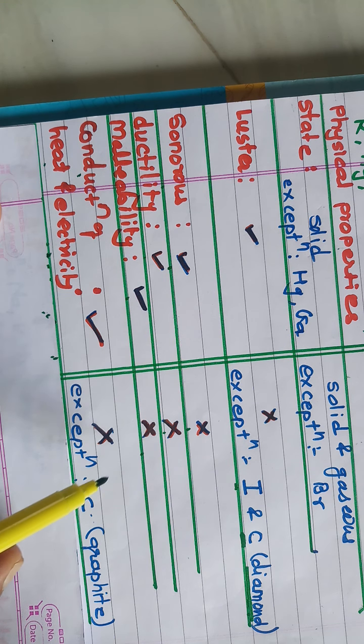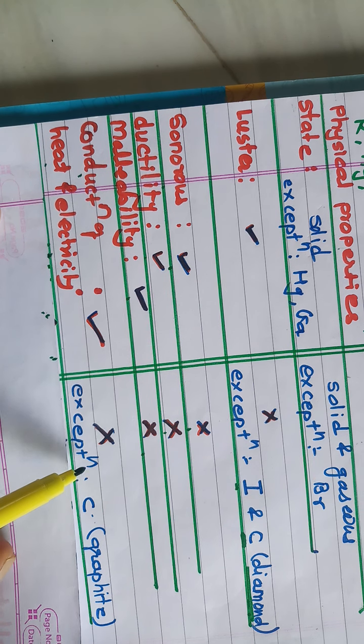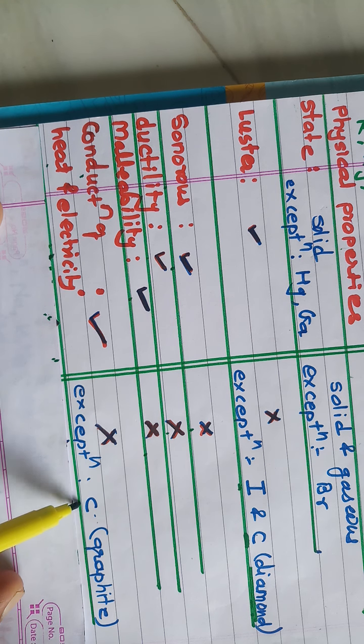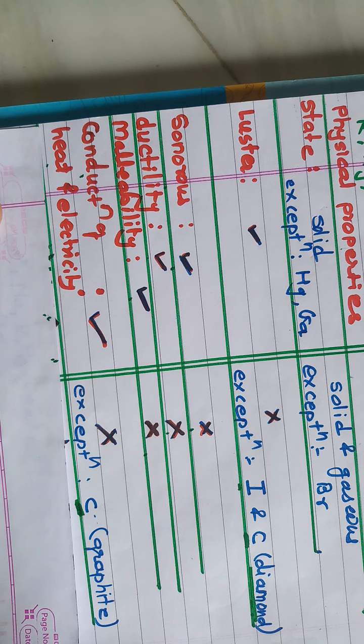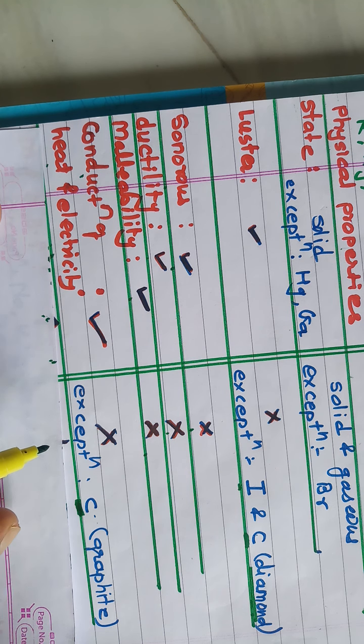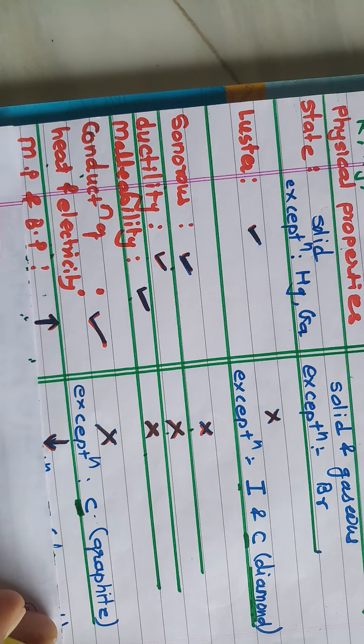Similarly, non-metals do not conduct heat and electricity, but here carbon is an exceptional case. Graphite, a form of carbon, as we already studied, is a good conductor of electricity, though it is a non-metal.